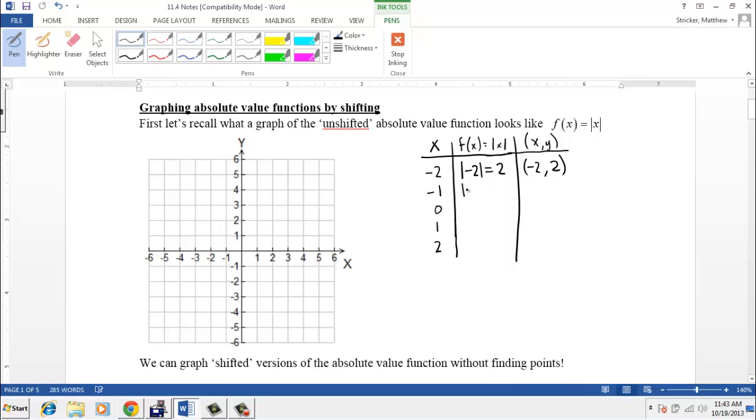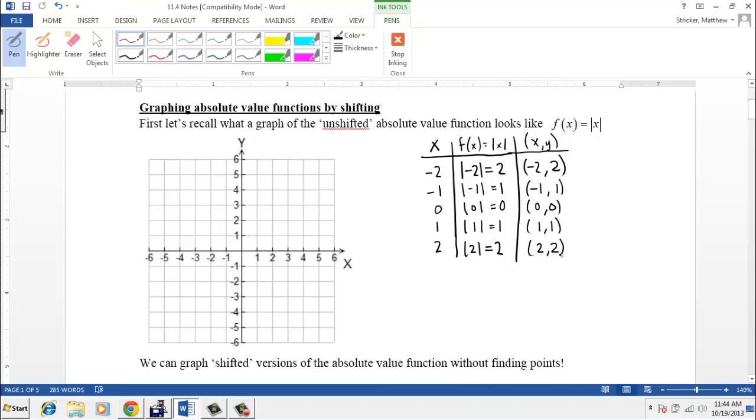The absolute value of -1 is +1, so that gives us the point -1, 1. Absolute value of 0 is 0, which gives the point 0, 0. Absolute value of +1 is +1, which gives us the point 1, 1, and finally, the absolute value of 2 is 2, which gives us the point 2, 2.